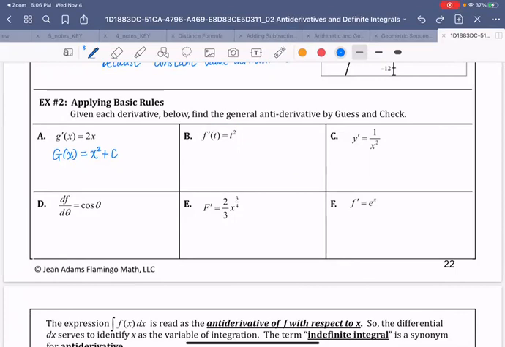You might want to put a coefficient in front. Go ahead, try it. What do you want to put?